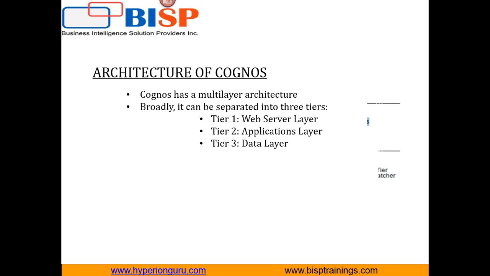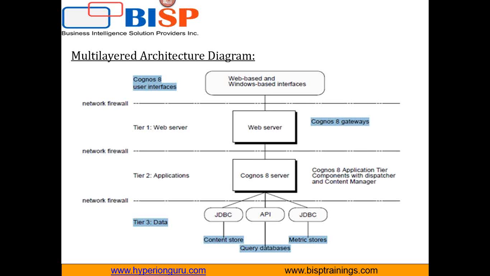Then there comes tier 1, where all the web servers are installed. Then there comes tier 2, where the application server component resides along with the content manager and the dispatcher.